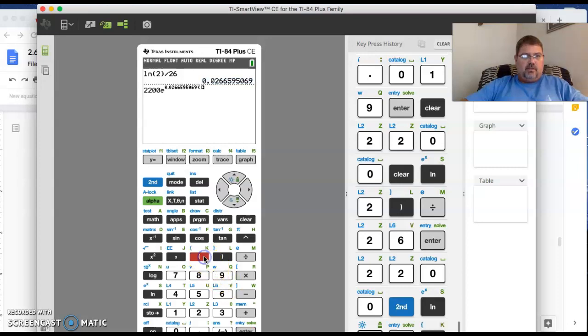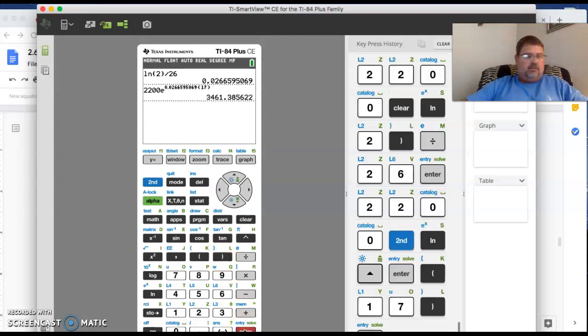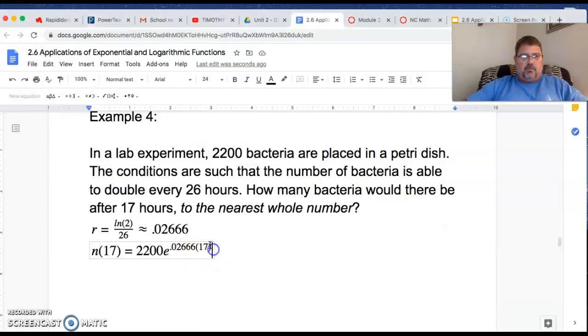Now we're going to multiply that by the 17. And notice the accuracy it kept for me is a lot better than me approximating that number. So after 17 hours, it looks like we would have 3,461. So I'm just going to call that approximately 3,461.